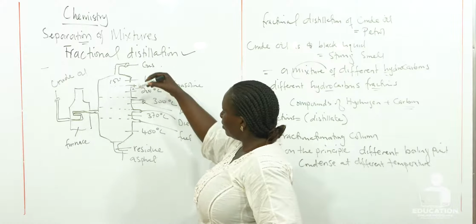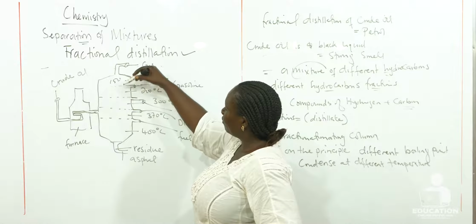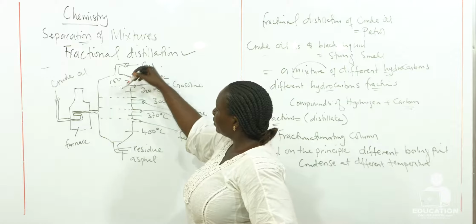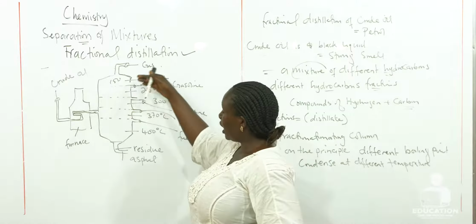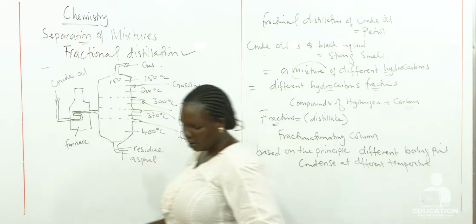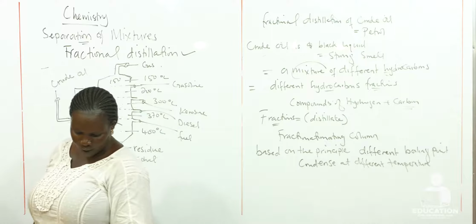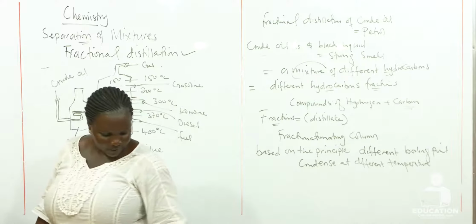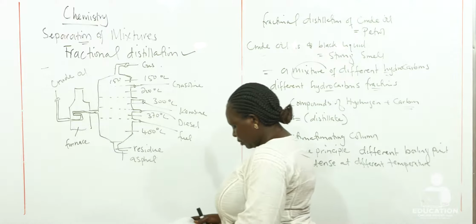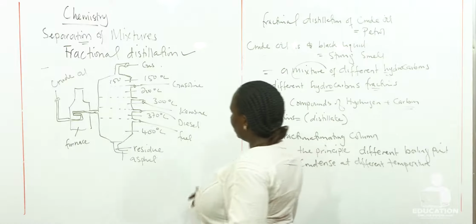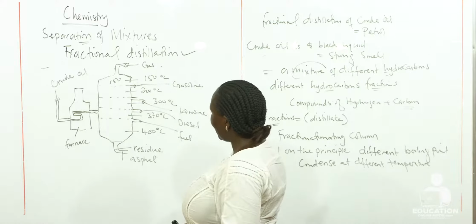And the components that have a small number of carbon atoms will be at the top because they need a low boiling point. That is to say, in the process of heating in the fractionating column, what happens is this.